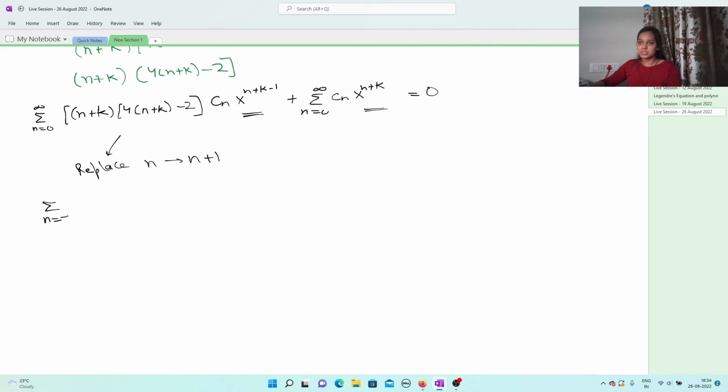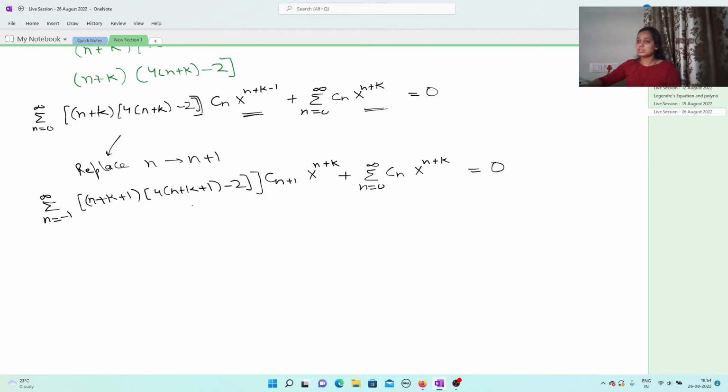So n will start from minus 1 to infinity, and this becomes (n+k+1) into (4(n+k+1) minus 2) c_(n+1) x^(n+k), and this term is also now summation n equals 0 to infinity c_n x^(n+k). This is equal to 0.